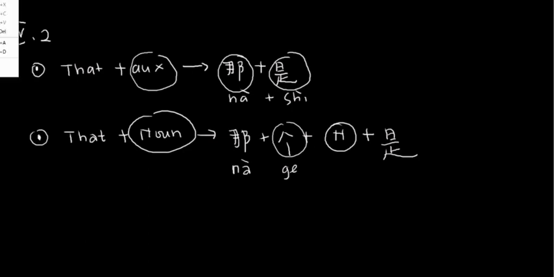We are going to make examples. For the first one, we're going to make this is, for example, this is a school.